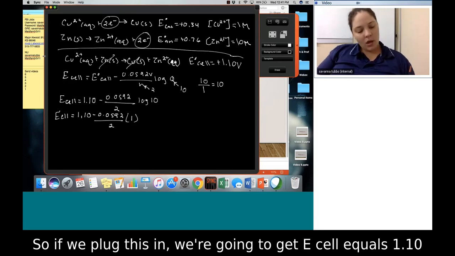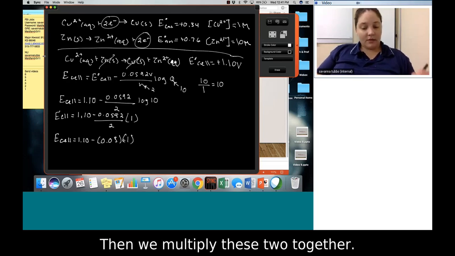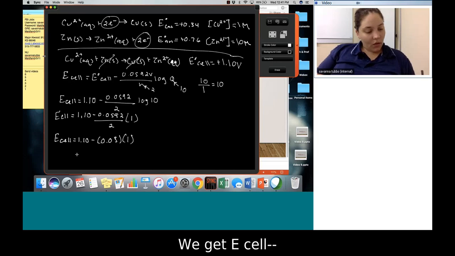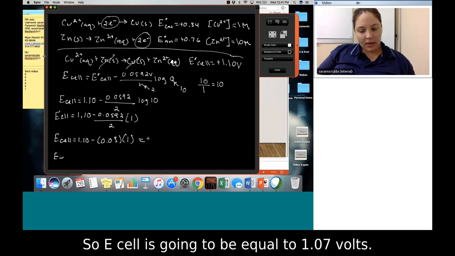So if we plug this in, we're going to get E cell equals 1.10 minus 0.03 times 1. When we multiply these two together, we get E cell, let me write it up here. So E cell is going to be equal to 1.07 volts.